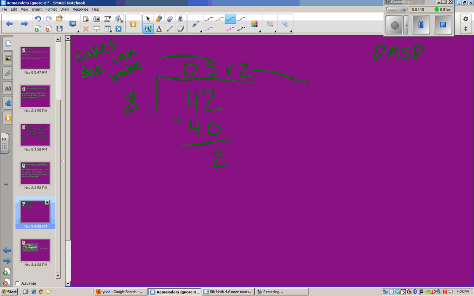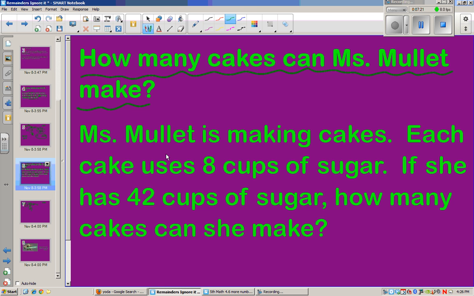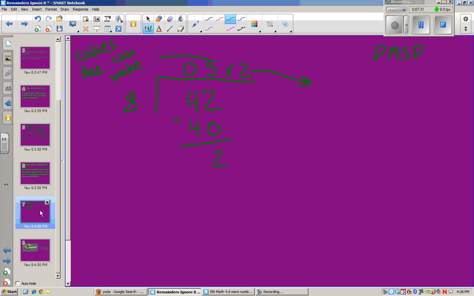What's my remainder? Glance back at the problem. What were we dividing up? We were dividing up cups of sugar. She had 42 cups of sugar. Each cake took 8. So this is remainder 2. It's 2 cups of sugar. And those are leftover cups.